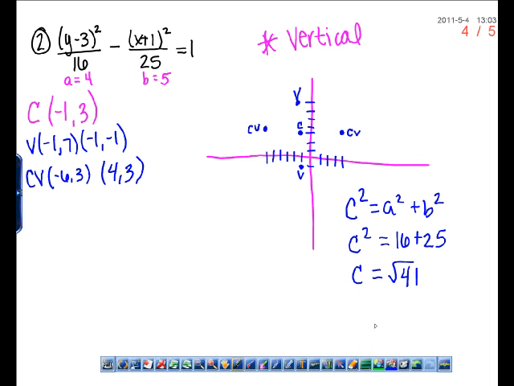All right, so which direction am I going to count for my foci? Up and down or left and right? Up and down. How do we know? Same direction as my vertices, and this is vertical. So square root of 41, that's between what and what? 6 and 7. So 1, 2, 3, 4.